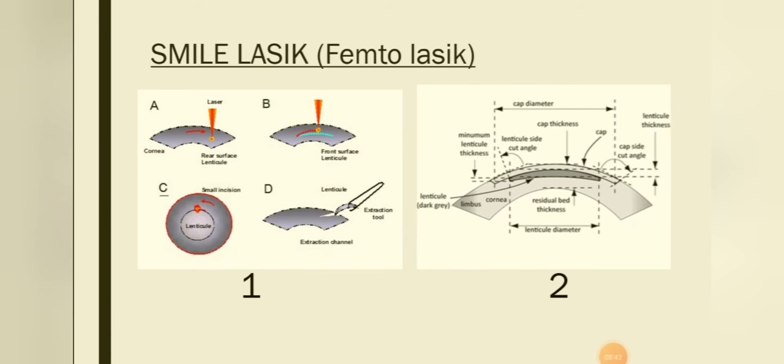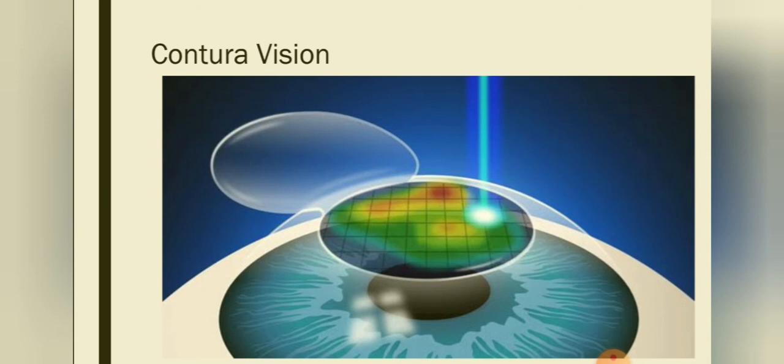Okay. So let us move to our next laser treatment, that is known as Contoura Vision. This is the most advanced and latest laser treatment where topography is used. Scientists saw that no surface in our body is truly regular. Every surface has some irregularities, and the cornea also has an irregular surface.